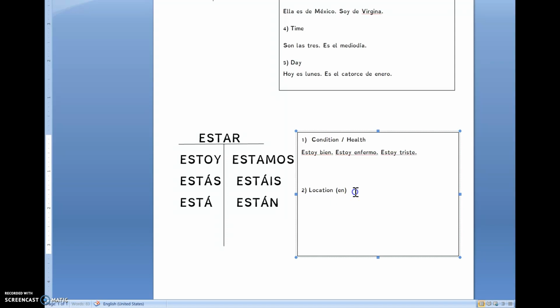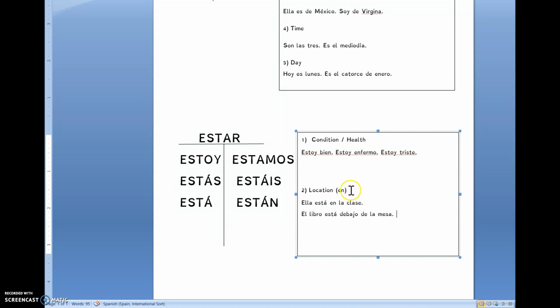Okay. And then location, where someone or something can be found. And this is typically followed by the preposition en or any of the other prepositions that we have learned. Ella está en la clase. El libro está debajo de la mesa. Okay.